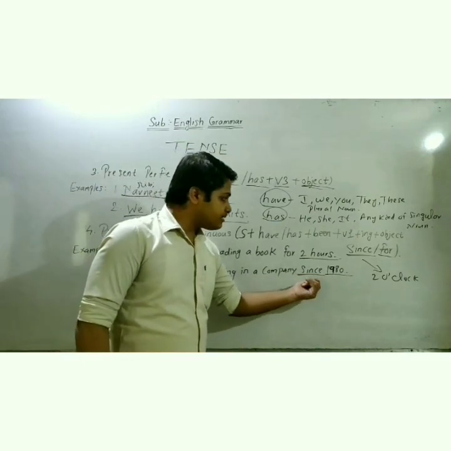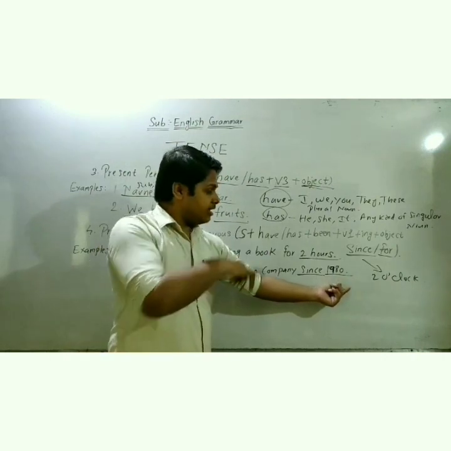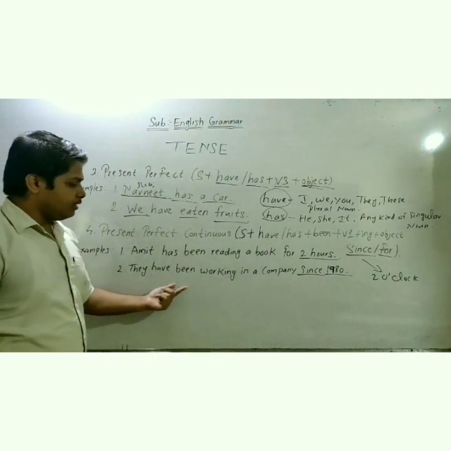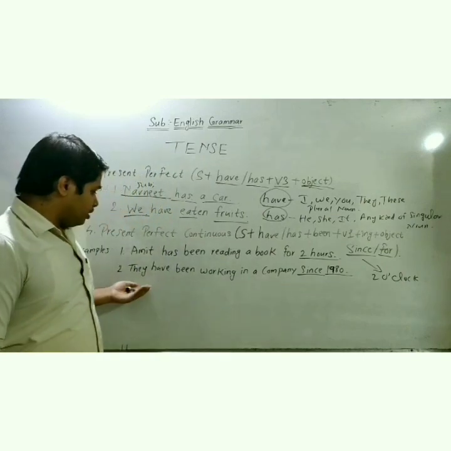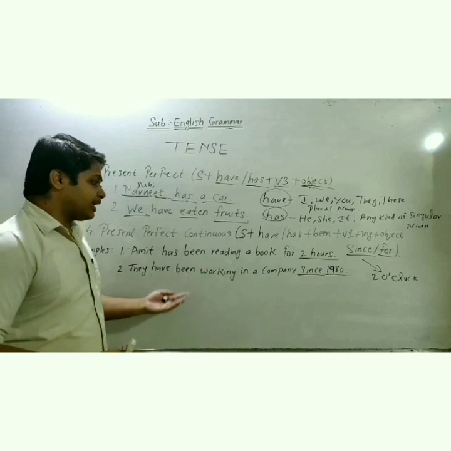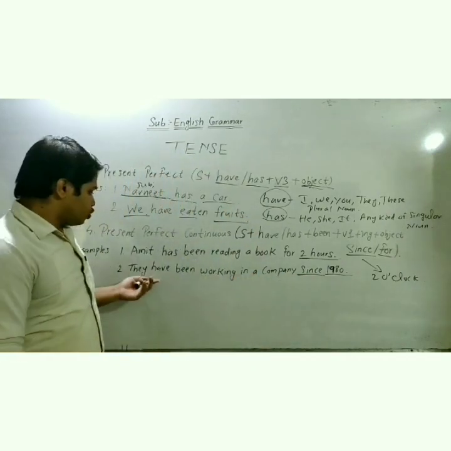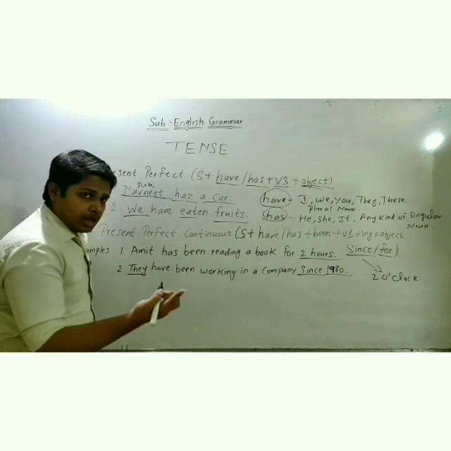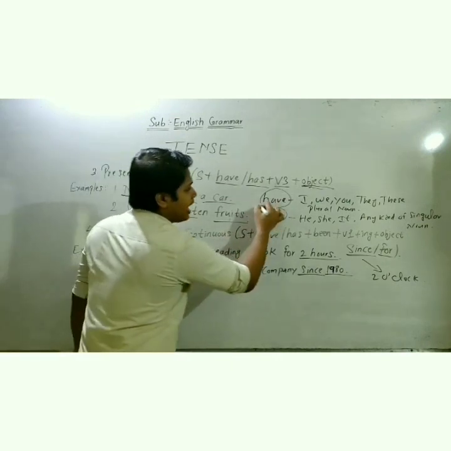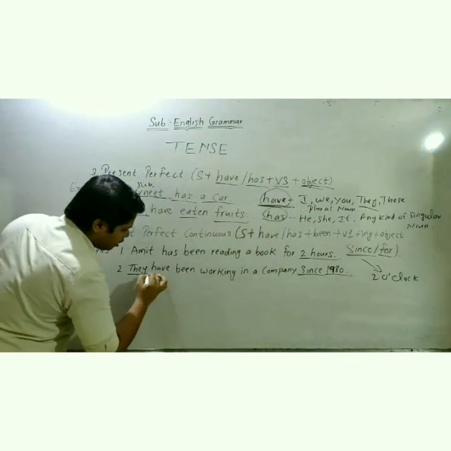So they have been working in the company, since 1980. They means plural, so many people are there. They have been working in a particular company since 1980. According to the plural noun, if they is there, we have to use have.